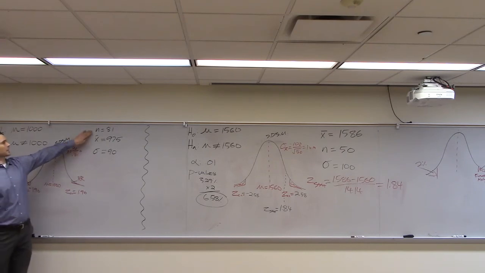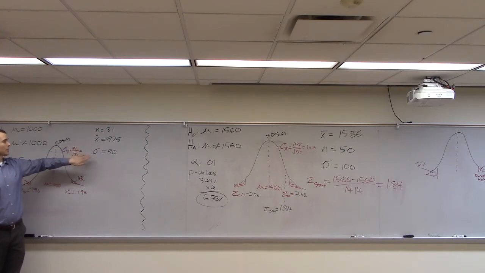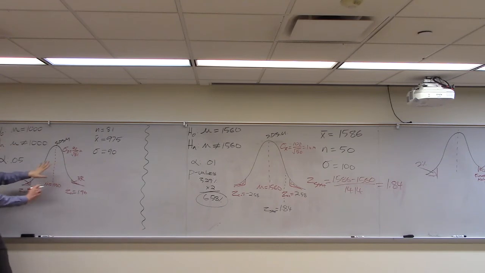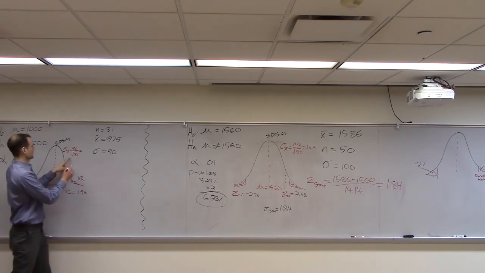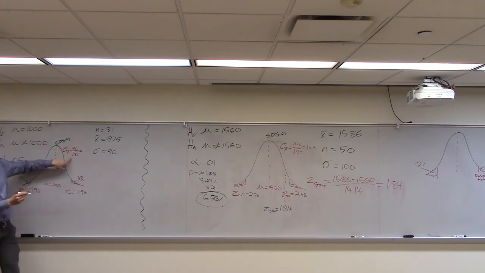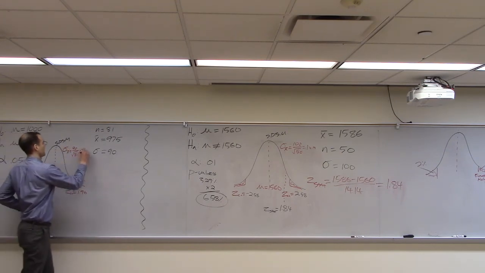We went out, we got some data, 81 points, and we found a sample mean of 975. We happen to know the population standard deviation is 90. So that means the standard error in this case is what? 90 divided by the square root of the sample size. Fantastic.